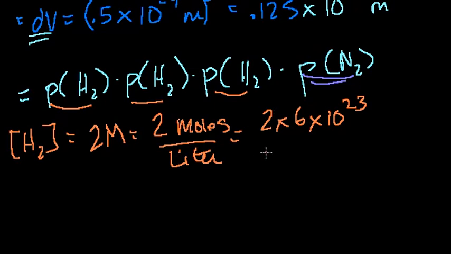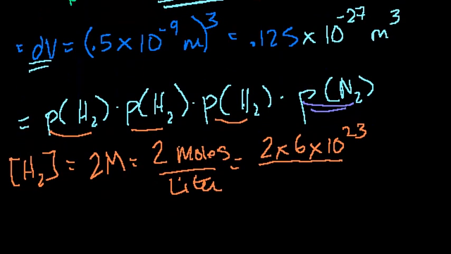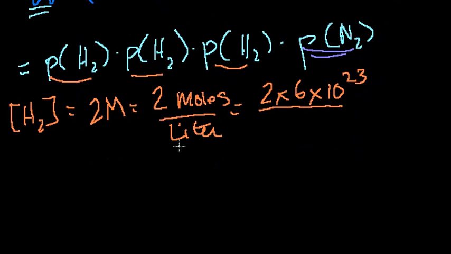Moles is just a number, divided by liters. 1 liter is equal to 1 times 10 to the minus 3 meters cubed. If you actually take a meter cubed, you can put 1,000 liters in there.